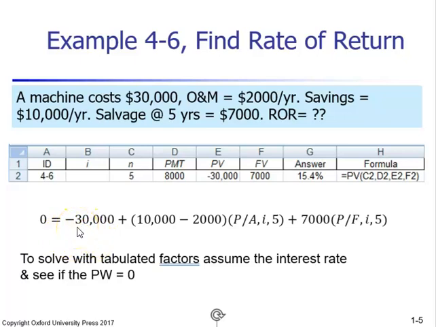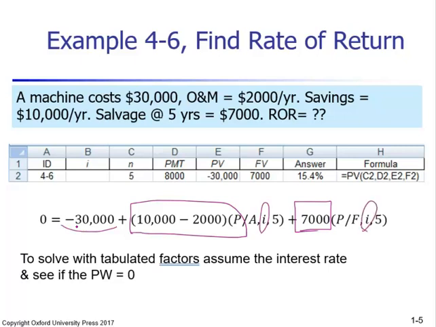Here we have minus 30,000, because it is the amount of investment now, and then it gets the present value of this one, and then the present value of this one, and then it tries to find what interest rate can make it equal. So it's trial and error.